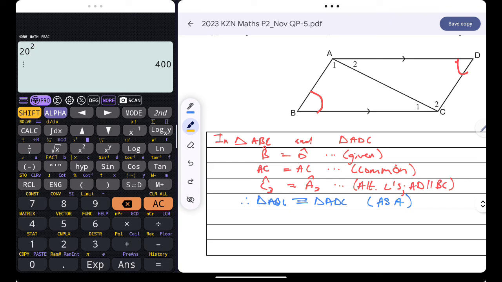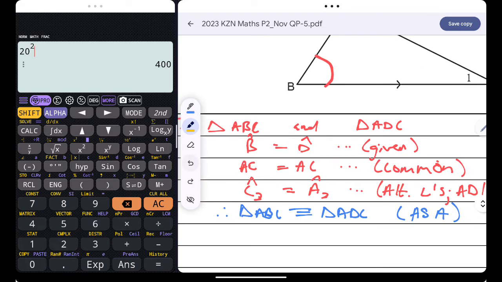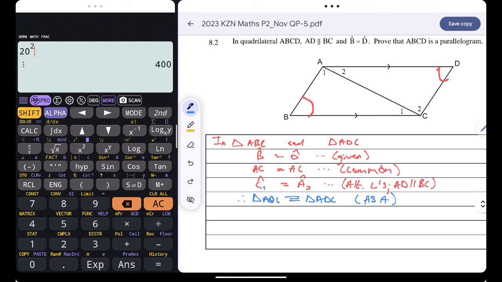So angle C1 and angle A2. Angle C1 and angle A2. Okay, if we check on angle C1, it is subtended by the line AB.